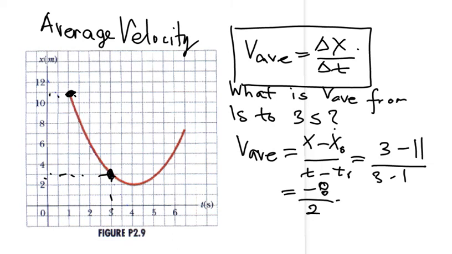So my average velocity is negative 4 meters per second. Okay, so if you have something that is not a straight line, or if they ask the average velocity, don't worry about what line it's on. Just take the final position, the initial position, the final time, and the initial time.